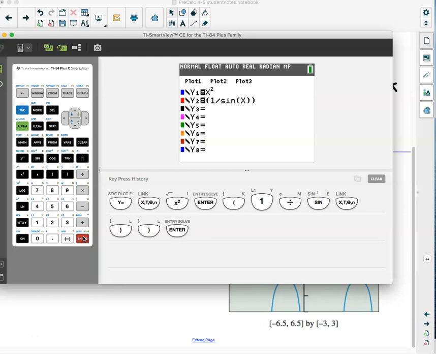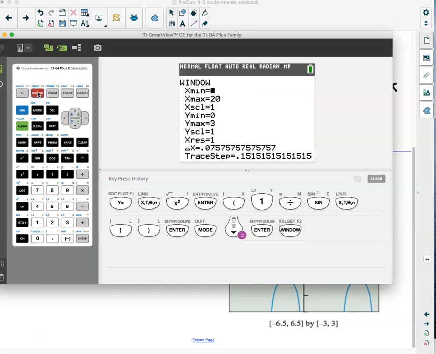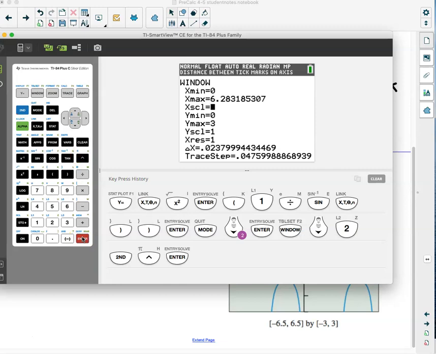And let's quick go into mode and make sure we're in radians, which we are. Window. Let's go with 2 pi. And we'll have to make that bigger, then we make it bigger. That's just how it is. And we want to be able to see that x squared graph, so maybe we'll go to 10.